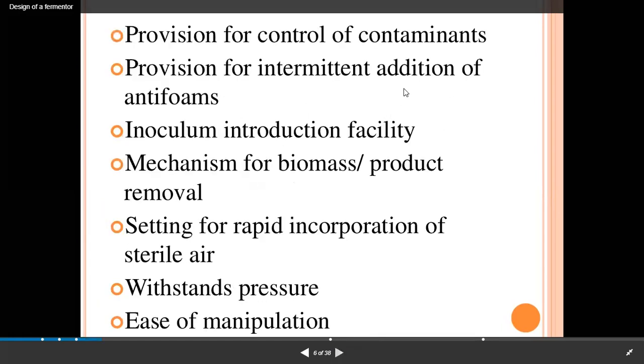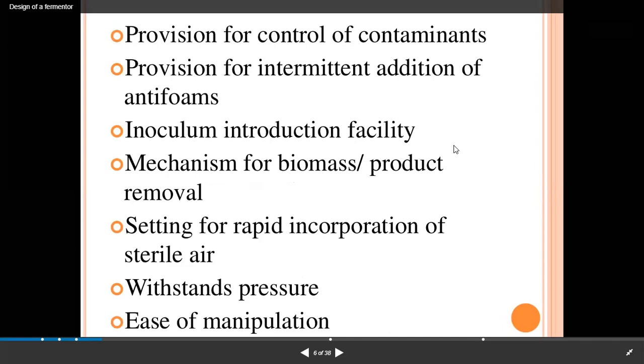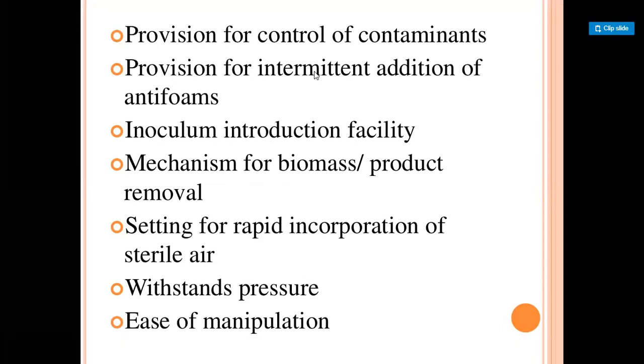Provision for control of contaminants, provision for intermittent addition of antifoams. If you don't add antifoams, foam will increase and overflow of the internal product may occur. So to avoid a large amount of foaming, you need to control it by using antifoams.